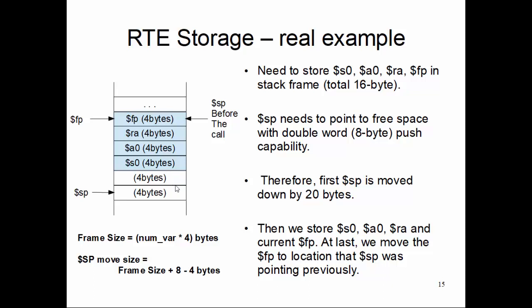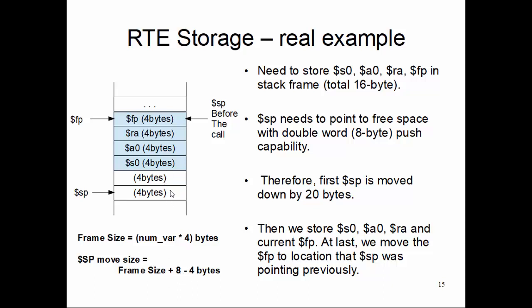But remember, by our class convention the stack pointer is already pointing to a free 4-byte space. So we take account of that, and our stack pointer movement size becomes the frame size plus 8, for the double word storage space, minus 4, because my stack pointer is already pointing to a free space. That's my stack pointer move size.